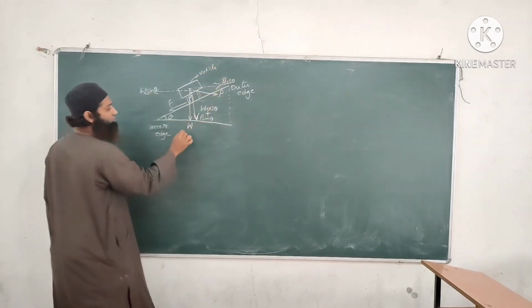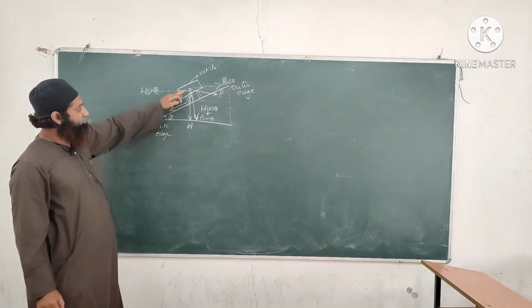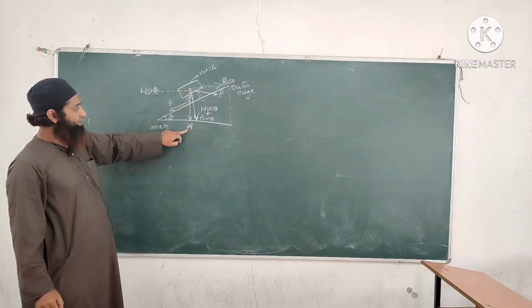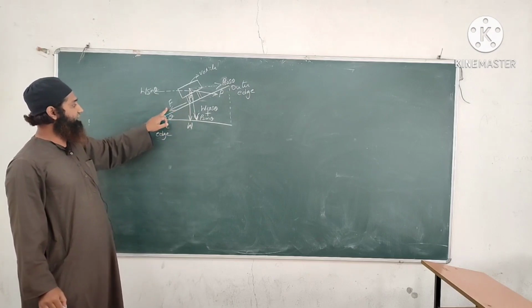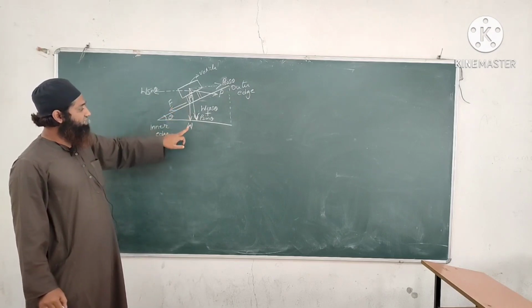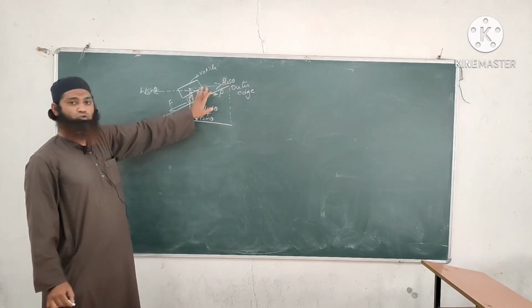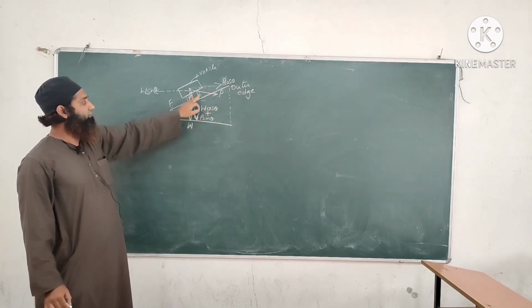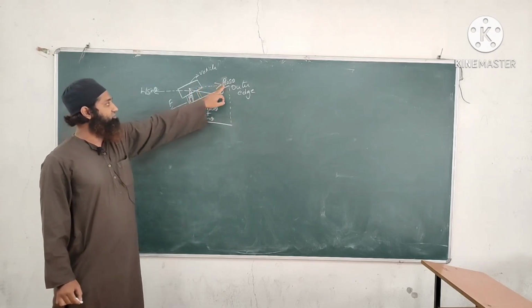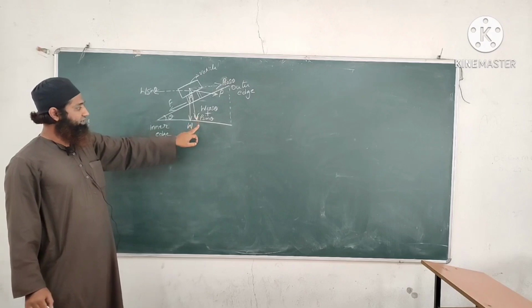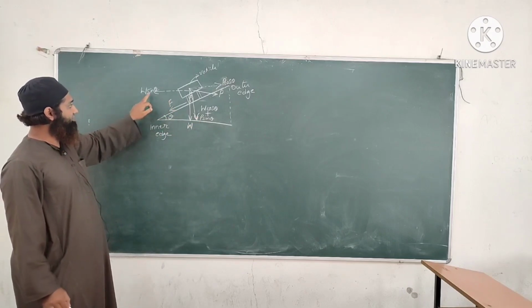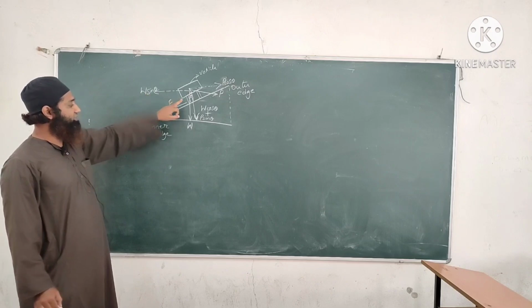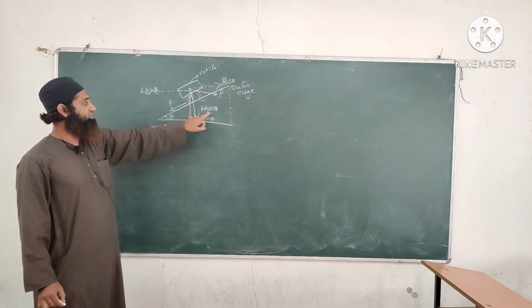You just see what are the forces acting here. W is the weight of the vehicle that is acting downward. P is the centrifugal force. F is the frictional force, and we are resolving W and P into forces in the X and Y directions. P in the X direction is P cos theta, and in the Y direction it is P sin theta. W again I am resolving: in the X direction it is W sin theta, and in the Y direction it is W cos theta.